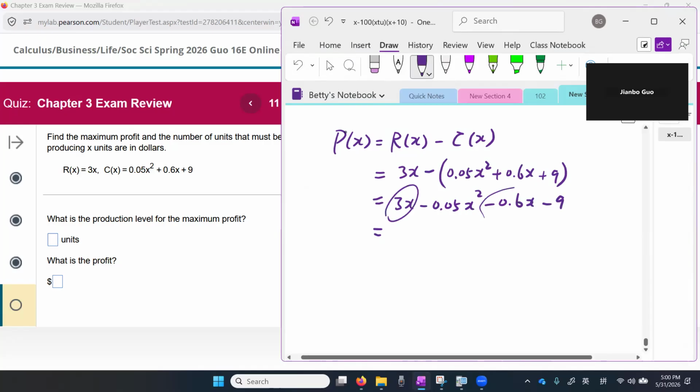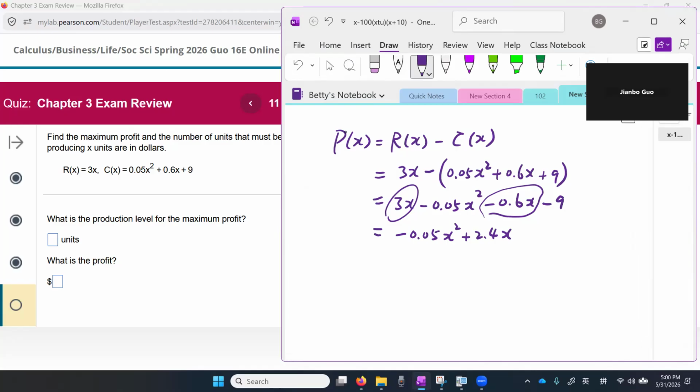Combine those two. We have negative 0.05x squared, and 3 minus 0.6 gives 2.4, minus 9.